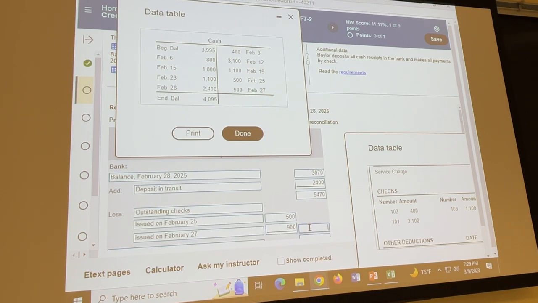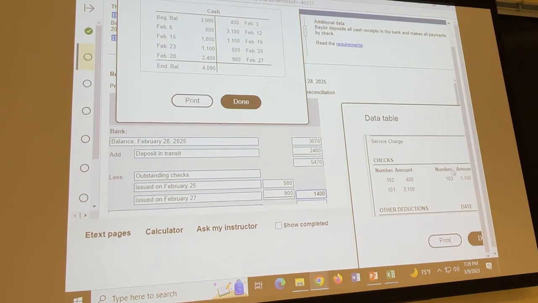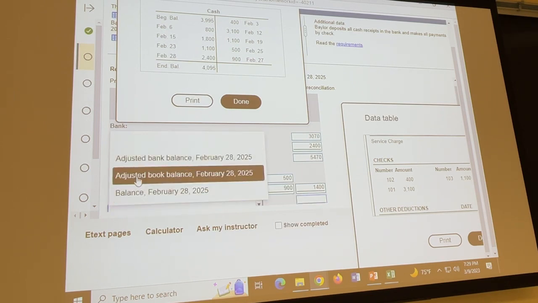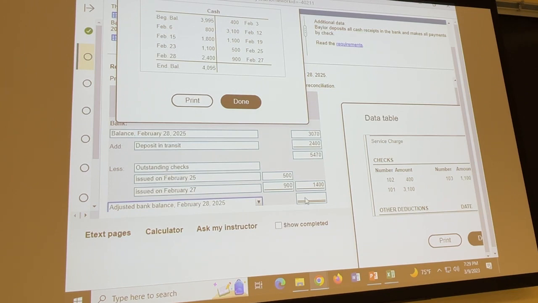So the total for those two checks combined is 1,400. And then we have to subtract the 1,400. Well, we have to put in a label here, I guess. So the label would be adjusted bank balance. And subtracting the 1,400, we're left with a dollar figure of 4070.